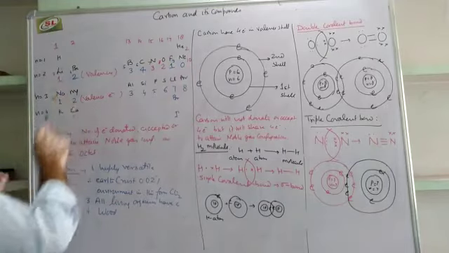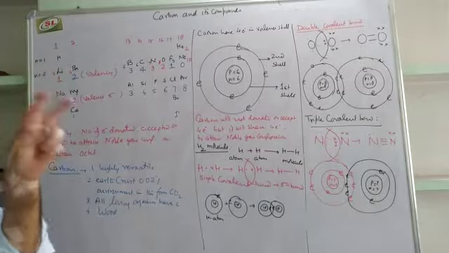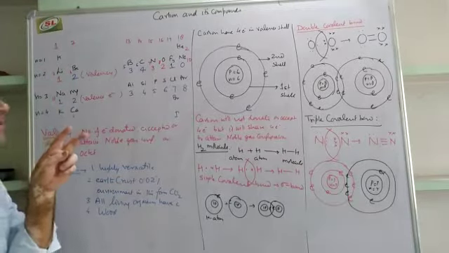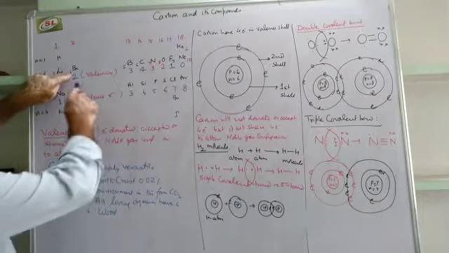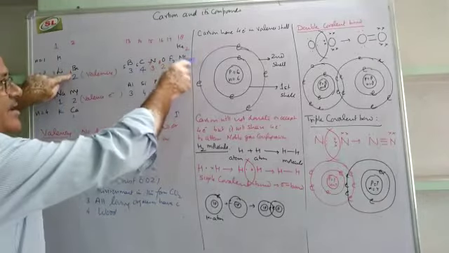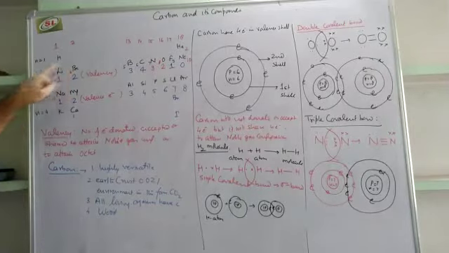The same case we can see with beryllium. Its atomic number is 4. Beryllium also has two options: either gain 6 electrons to attain the neon configuration having 10 electrons, or donate 2 electrons. Which will be the convenient process?